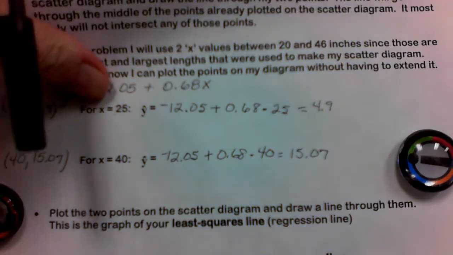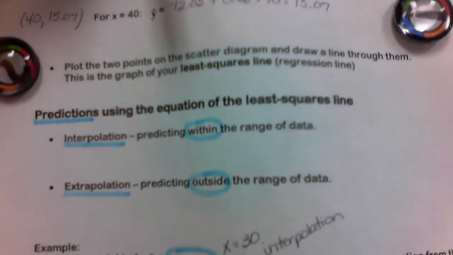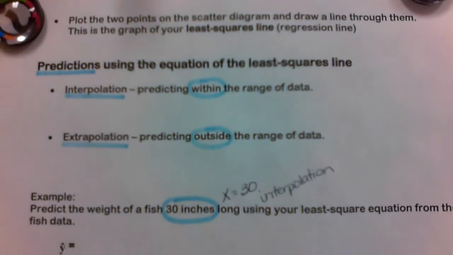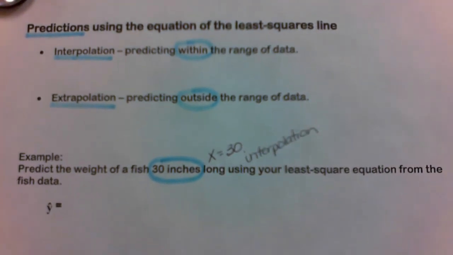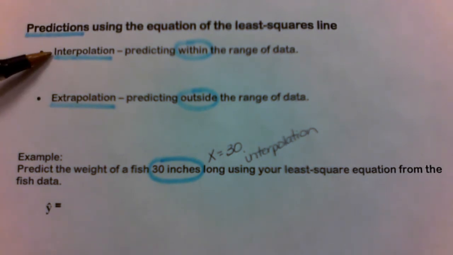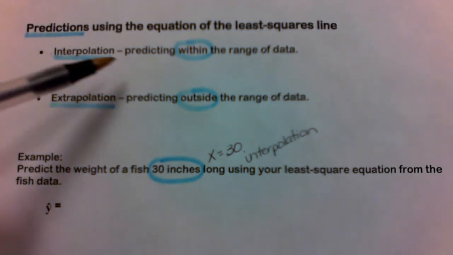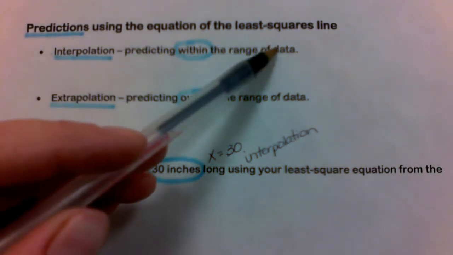Now, the other thing we use the least squares line for is to make predictions. So if we wanted to predict the weight of the fish, then we could use this least squares line. There are 2 types of predictions you need to be aware of. One is called interpolation, which means you predict within the range of data.